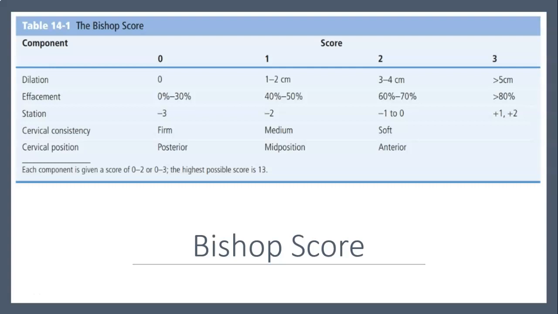The Bishop score is a rating system. It is a series of points that are awarded for cervical dilation, effacement, station, consistency, and position. In general, labor induction is more likely to be successful with a higher score, so 9 or more for a nulliparous woman or 5 or more for a multiparous woman.